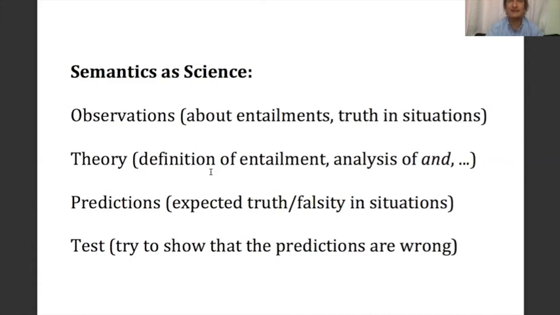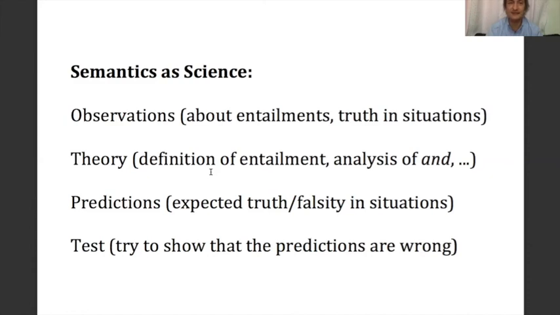We're trying to analyze words of English, and, or, if, and not, and we're using the logic to give us those analyses. And then we go back to looking at English to test. So we made observations about entailments, about truth in situations involving sentences with and, or, not, if. We gave a theory. These were our proposals at the beginning.